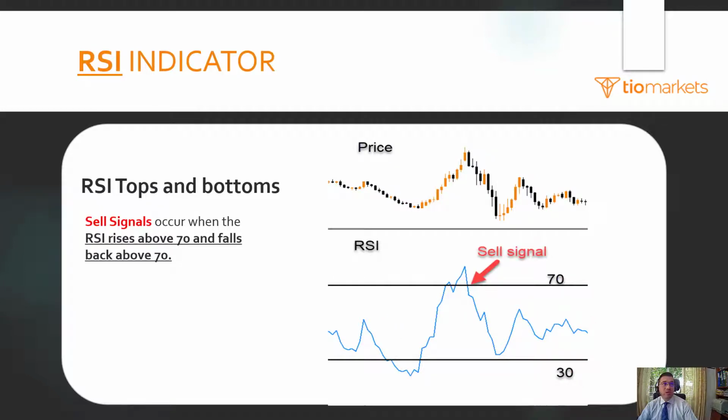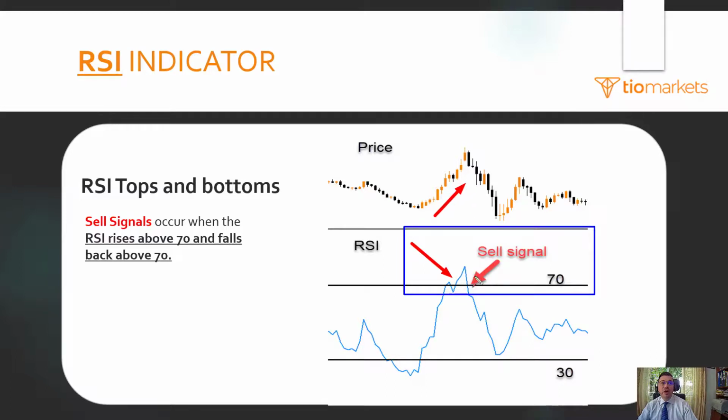Sell signals will again be on the opposite side, where you've got RSI above 70, and the sell signal is generated. Here you have the penetration above. There's no sell signal yet, because just because it's above 70, price can still move higher.